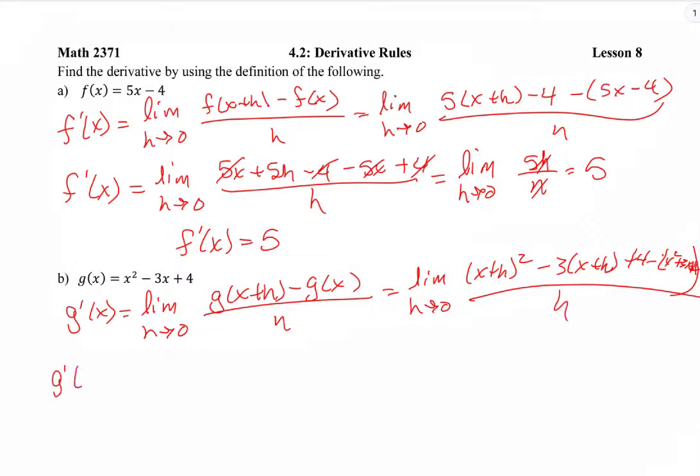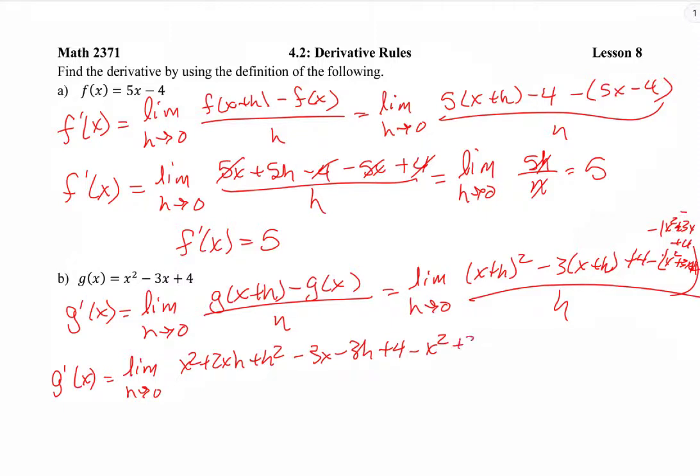So g prime of x equals the limit as h goes to 0 of x squared plus 2xh plus h squared minus 3x minus 3h plus 4 minus x squared, because this was minus x squared. Actually, that should have been a minus 3x minus 4, all over h.